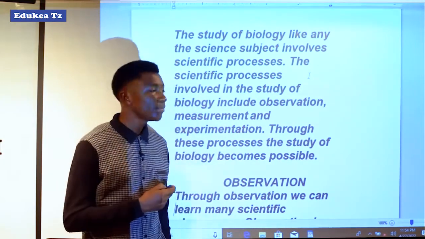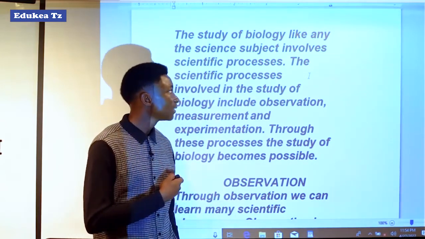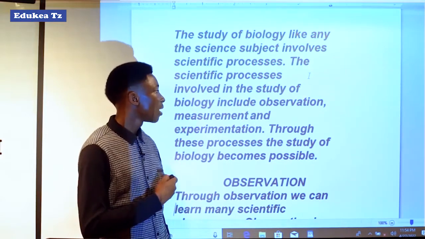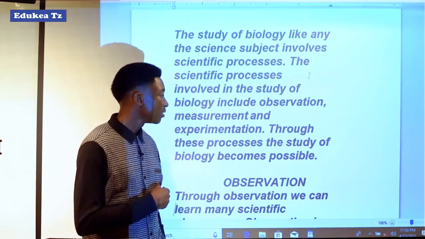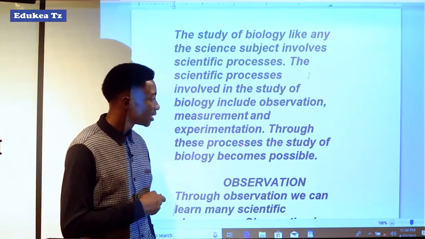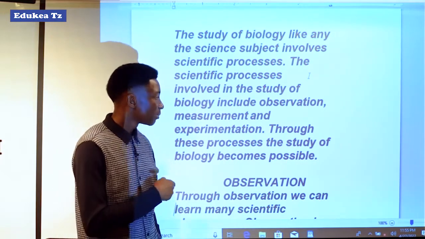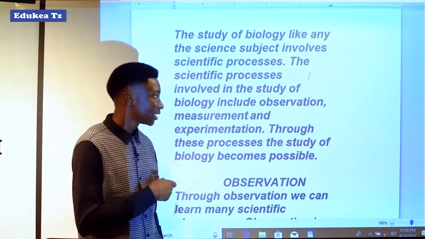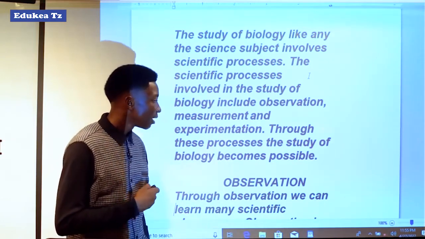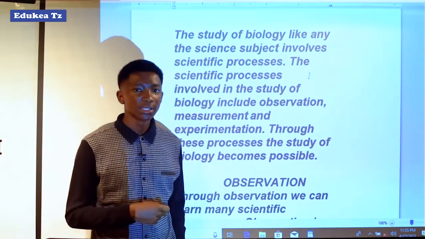So the three basic things in conducting the scientific process are: number one, observation; number two, measurement; number three, experimentation. Through these processes, the study of biology becomes possible, and becomes something which is reliable.